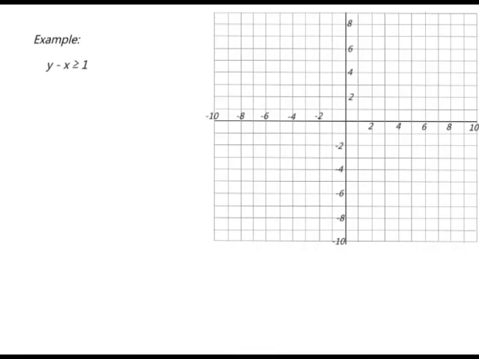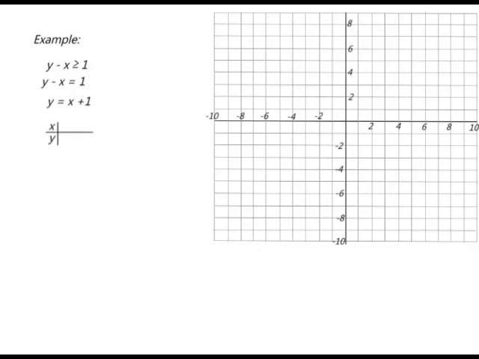Lastly, y minus x is greater or equal to 1. First, we write it as an equation. Y minus x is equal to 1. We rewrite it in the form of y is equal to mx plus c, and we shall have y is equal to x plus 1. We look for 2 points.